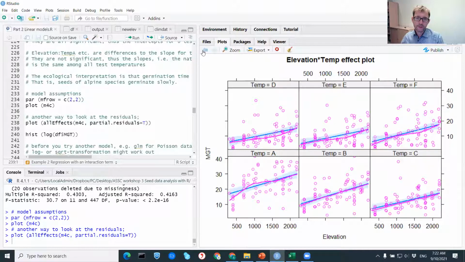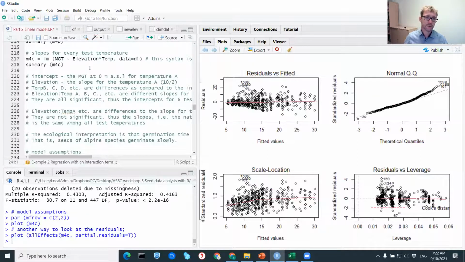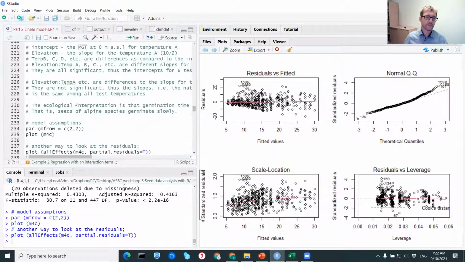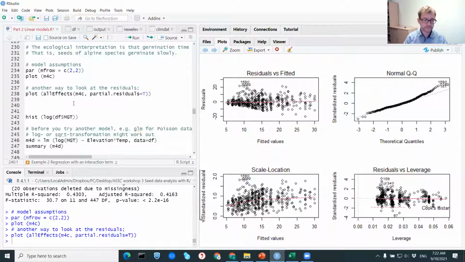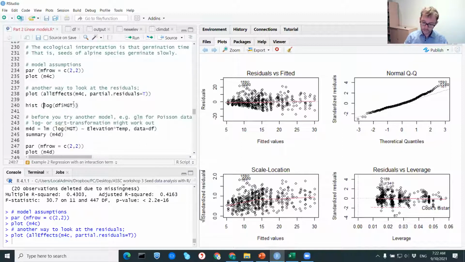And the problem here might be caused by the fact that the response variable, mean germination time, is not normally distributed. I'm going to check it by plotting a very simple histogram.